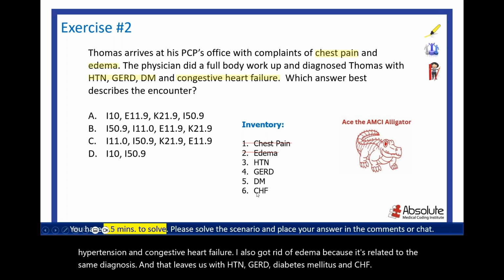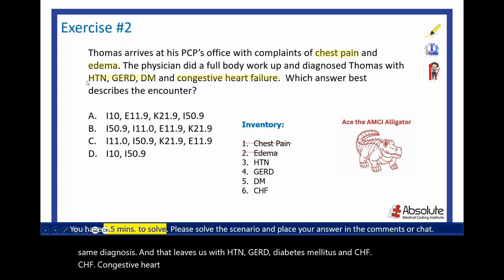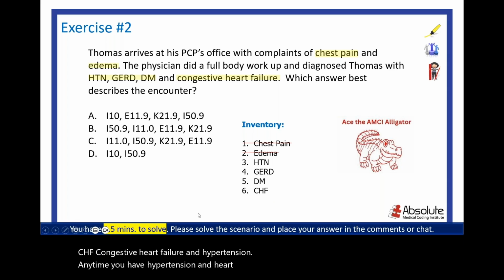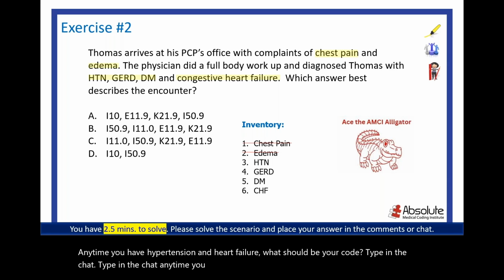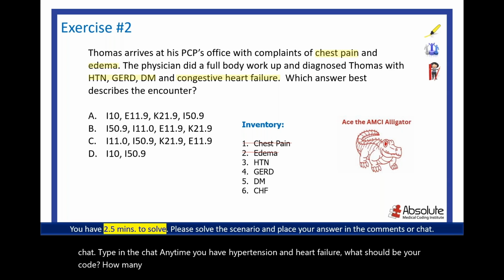CHF, congestive heart failure, and hypertension. Anytime you have hypertension and heart failure, what should be your code? Type in the chat. Type in the chat. Anytime you have hypertension and heart failure, what should be your code? How many hearts do you have?